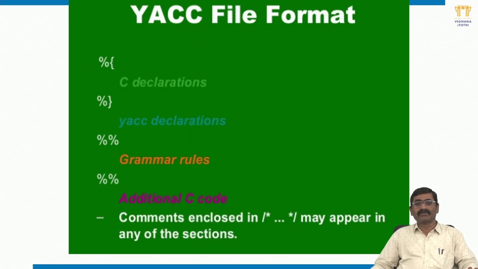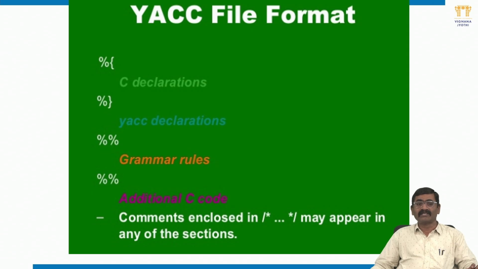A YACC file or program consists of the following sections. It is quite similar to a C program, but with little variations. Let us see that as well. The first section in the YACC file is the declaration section. This is quite similar to the declaration in C programming as well.